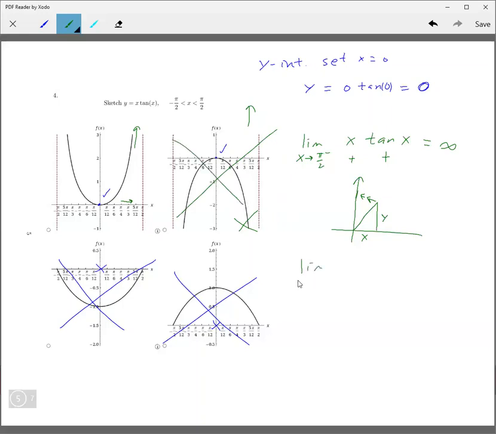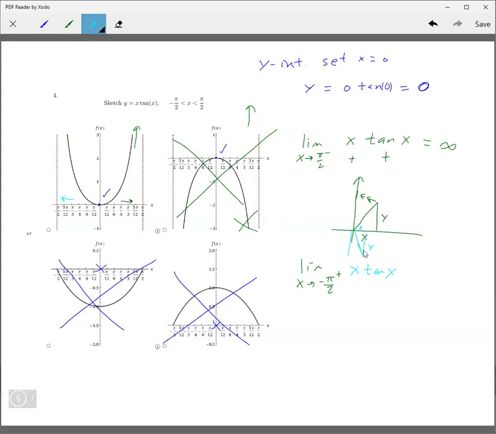Now, as you go to negative pi over 2 from the right, which would be going this way, maybe I do it in this color. Maybe as you're going this way, what's happening there is you got this angle down here. And again, y is negative, but x is positive.